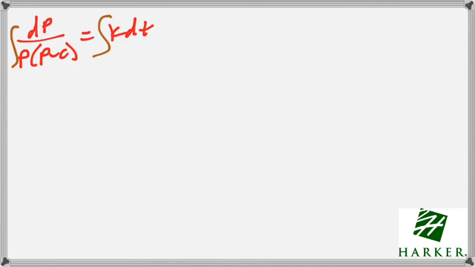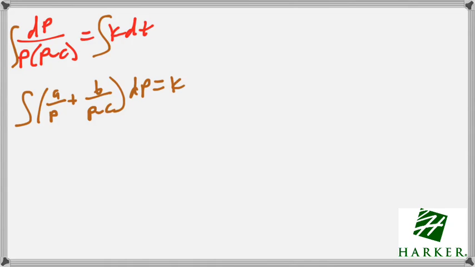You've done these in the homework, and we've done them in class. I know where that's going to end up. This is going to be (a over p plus b over p minus c) dp equals k t. Now some of you put a plus c here. Bad choice. c's already reserved. You put a plus c there and then you multiplied and got a c squared.